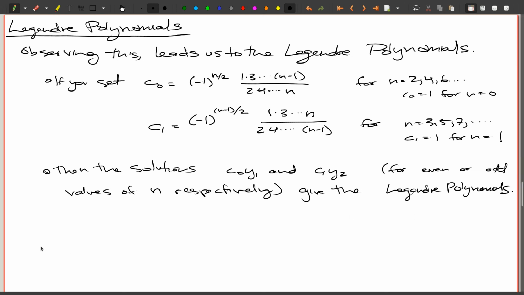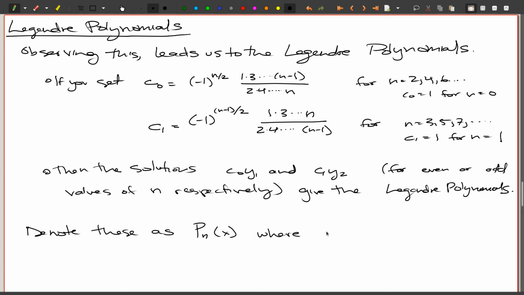And then what we're going to do is denote these as P sub n of x, because they're functions of x.